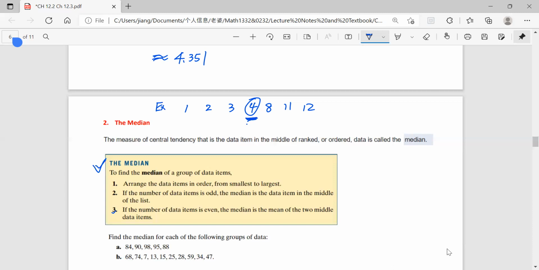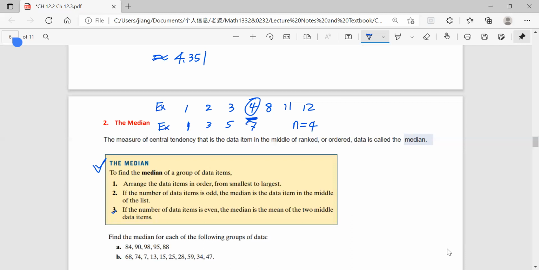The third step, if the number of data items is even, the median is the mean of the two middle data items. So, another example, make an easy one. 1, 3, 5, 7. So we have 4 items. That's an even number. So how to find the median of this set?